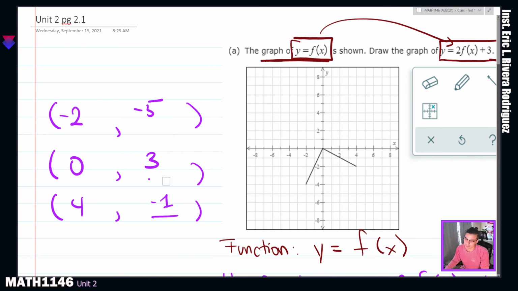Okay, so last step is to draw the graph. So this point will be -2 and -5, I believe is here. Yeah. Then 0 and 3, it will be here.